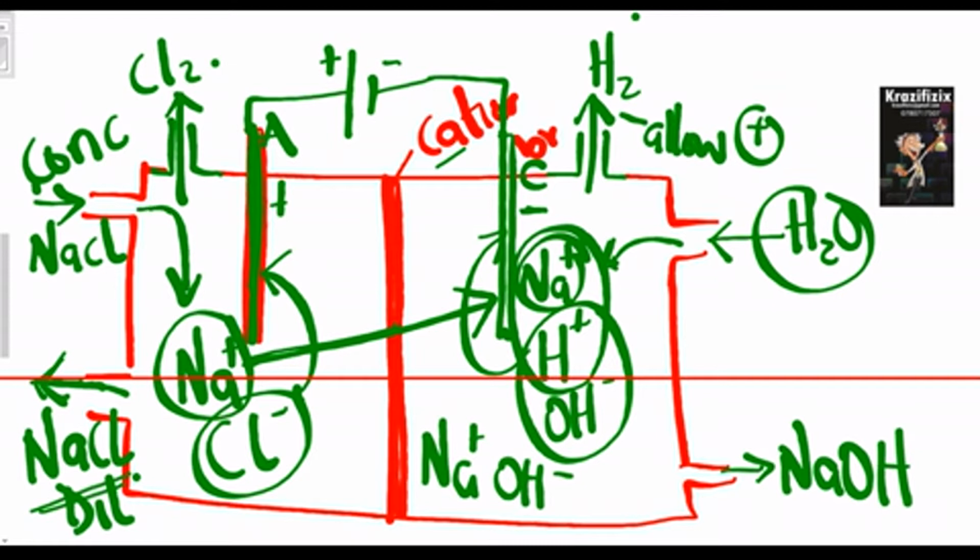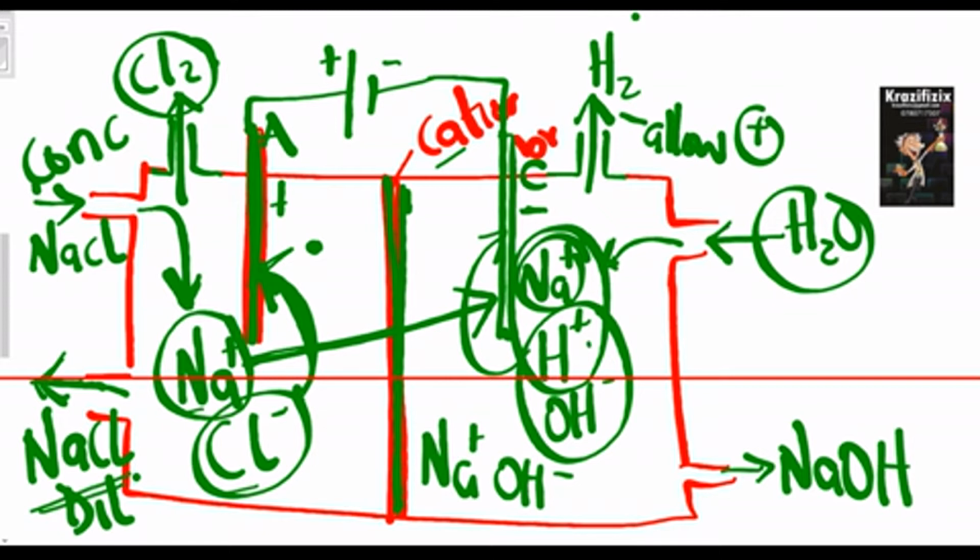So first we have sodium chloride getting in here, breaks down into sodium and chlorine. The chloride ions are attracted towards that, and the sodium moves through this cationic membrane, which only allows positive ions to pass through. And here we have oxidation, and we produce chlorine gas. On this other side, water comes in here.